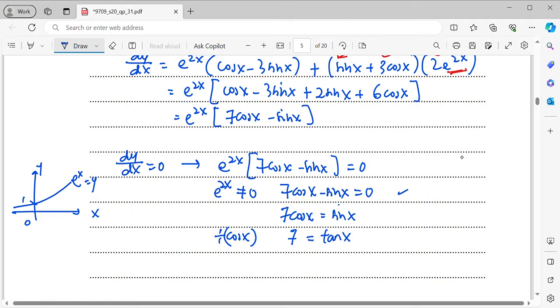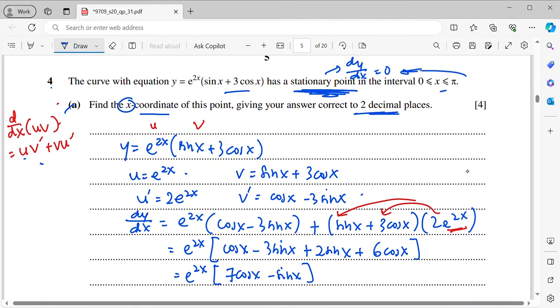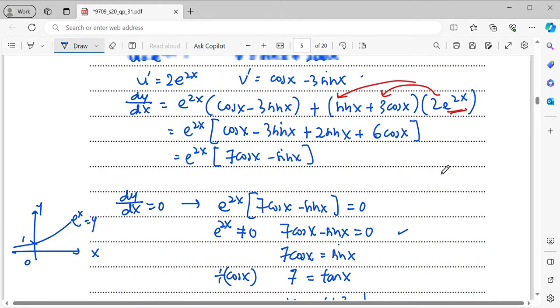Which means now your x is inverse tangent 7, and from here your x is defined from 0 to pi. That means you must use the radians mode in your calculator. So your x will be inverse tangent 7, that will be 1.43 radians. So that's the solution of this question.